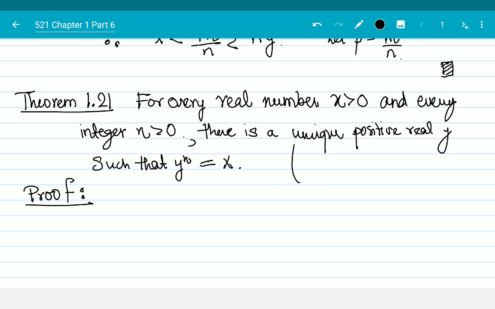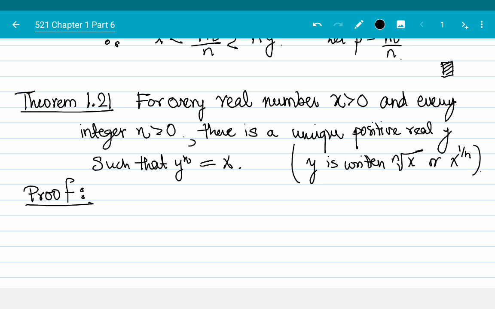This number y is written as the nth root of x, or x to the 1 over n. Okay, so this is what we want to define.